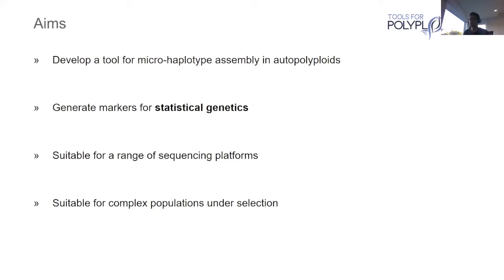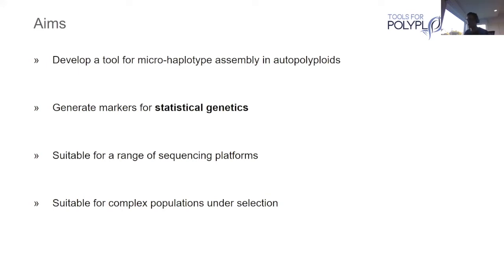We also wanted a tool that's suitable for a range of sequencing platforms. So in the first couple of slides, I showed the different sequencing platforms we use. We would like a tool that can work across Capture-GBS, across FlexSeq, and across whole genome sequencing, and potentially even some other sequencing platforms as well. And that's really about making the most of the data we already have. So even if we move to a really good sequencing platform in future, something like FlexSeq, we'd still like to be able to use the data we already have.